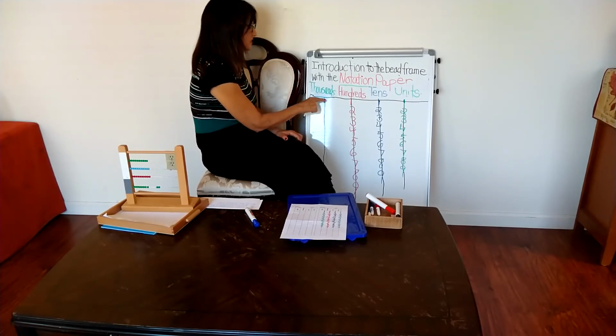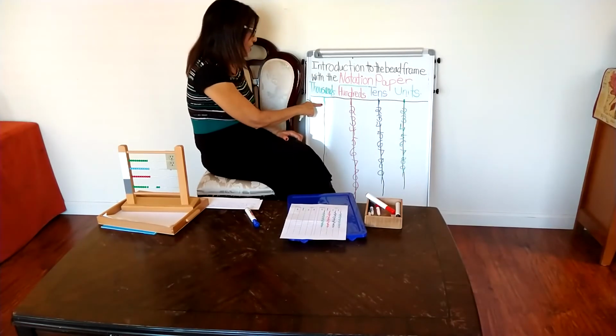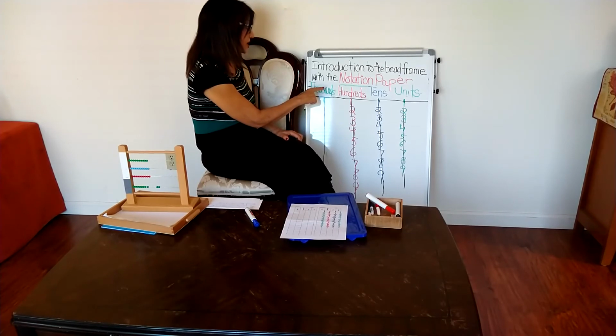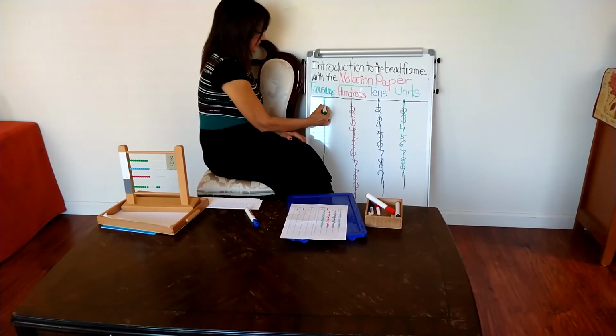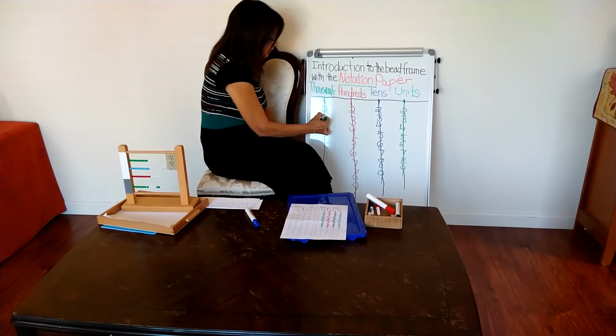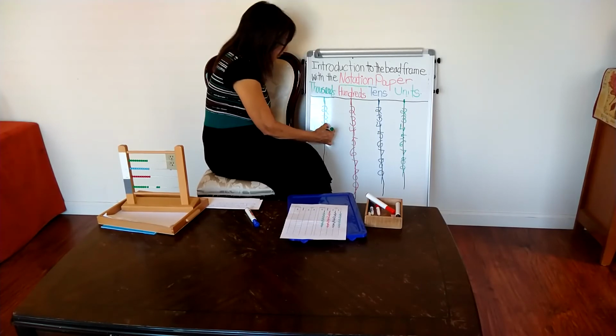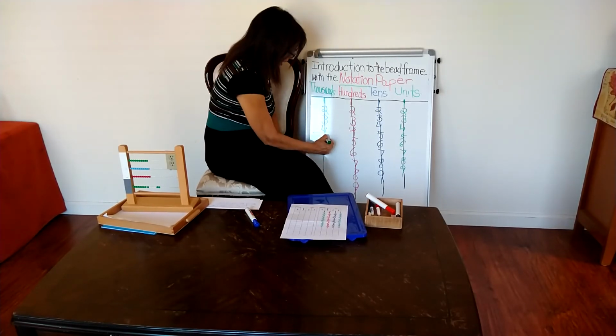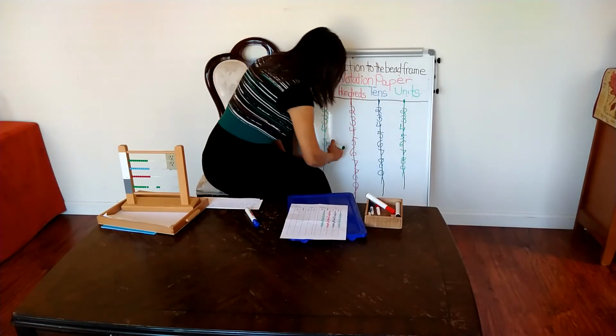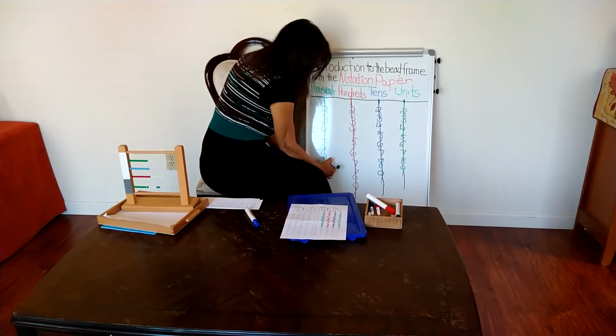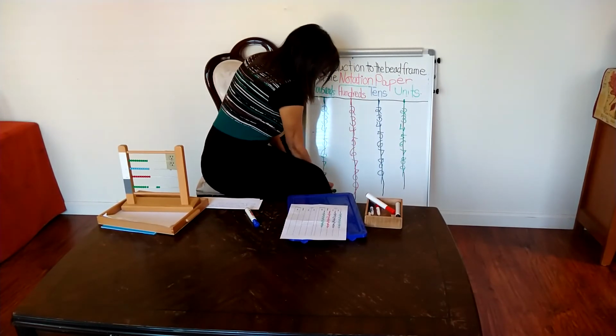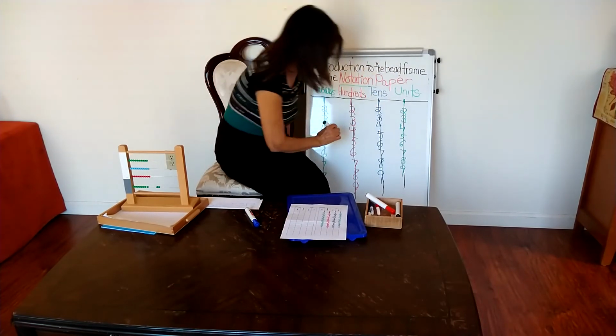We know this 1 is 1,000 because it's holding the thousands place. 2,000, 3,000, 4,000, 5,000, 6,000, 7,000, 8,000, and 9,000.